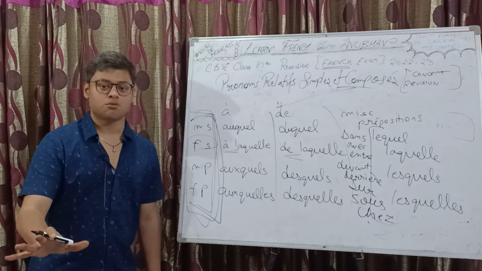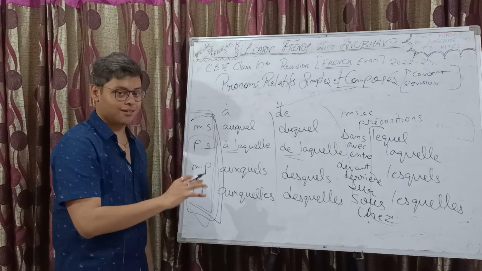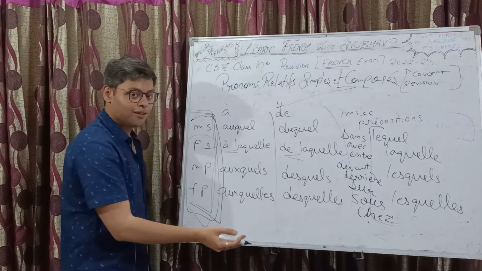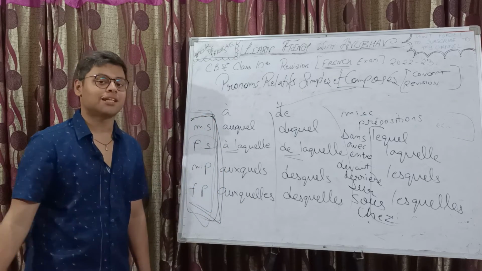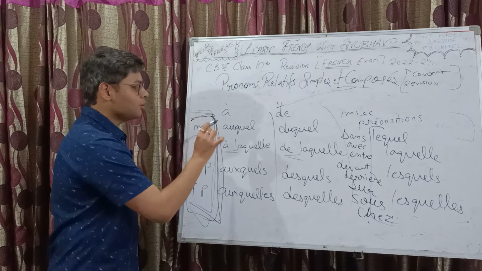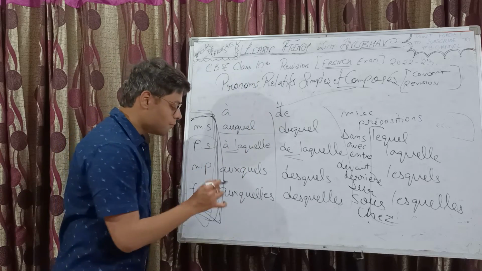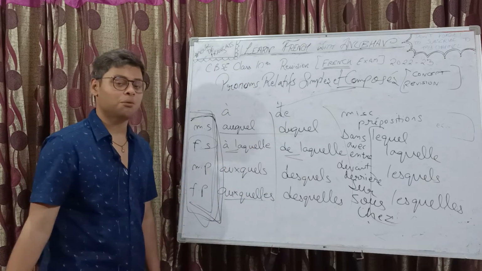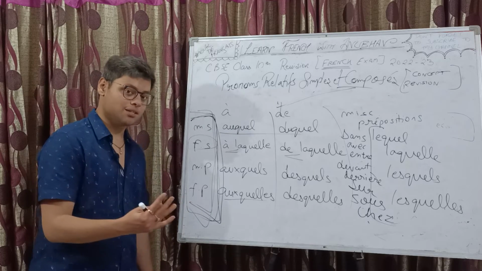There won't be any change. But pronoms relatifs composés are variable according to the nature of the noun for which we are using them. If the noun is masculine singular, the pronoun should be masculine singular. If the noun is feminine plural, the pronoun should be feminine plural. So this is one striking difference between the two.